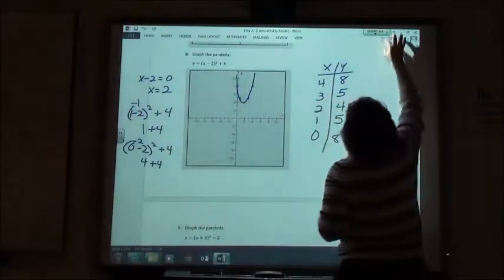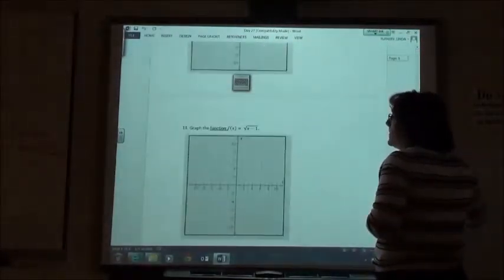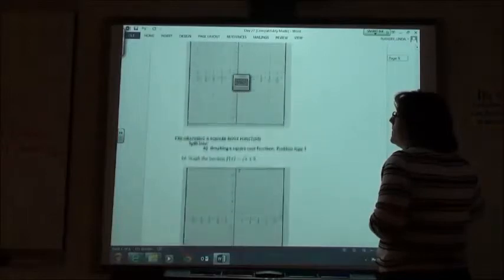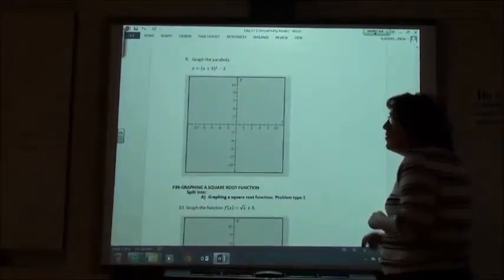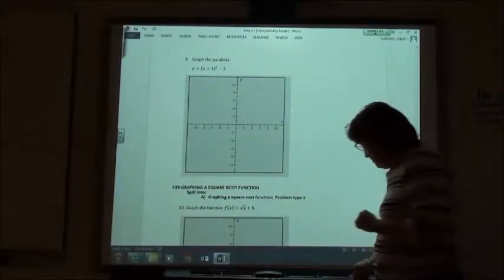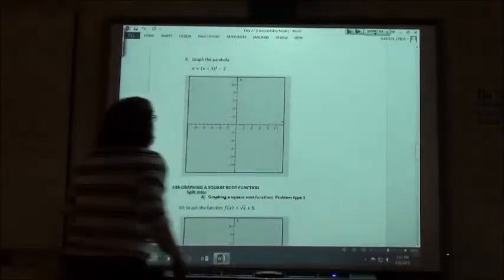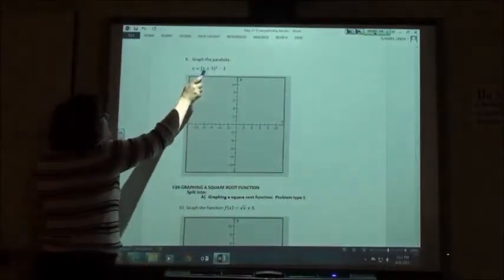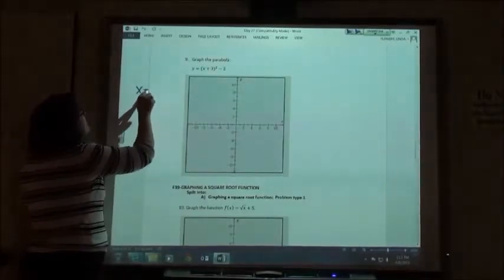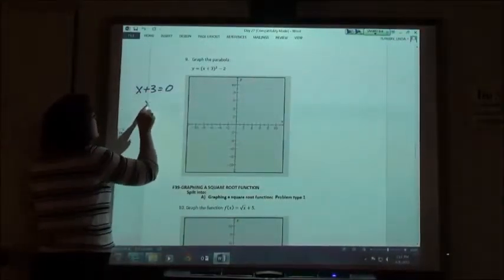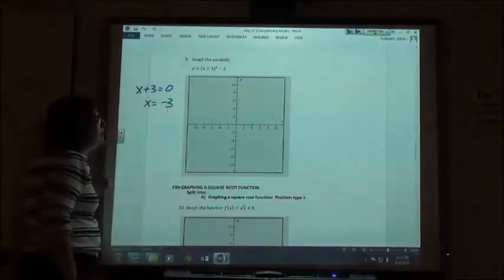Number 9. One more of these here. We are graphing our parabola. We want to find the x value of our vertex, so x plus 3 equals 0. X is going to equal negative 3.